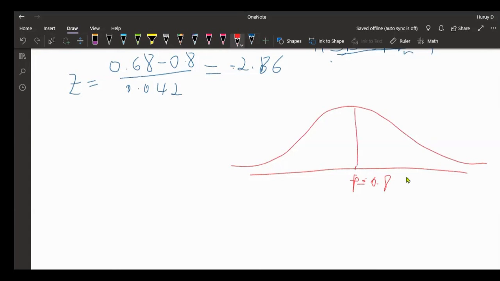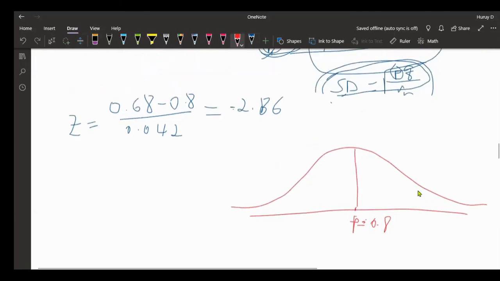Now, we are talking about this p hat, which we found from our sample. This is our evidence, by the way. When we standardize this value, we got this value, the standardized value of our p hat. What does that mean? We use the standard deviation as a ruler.